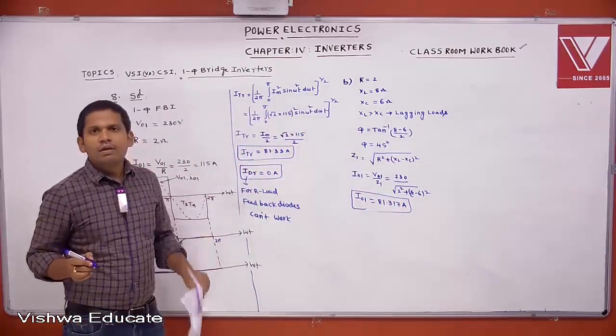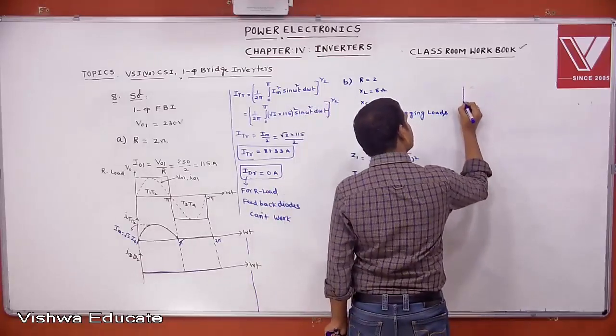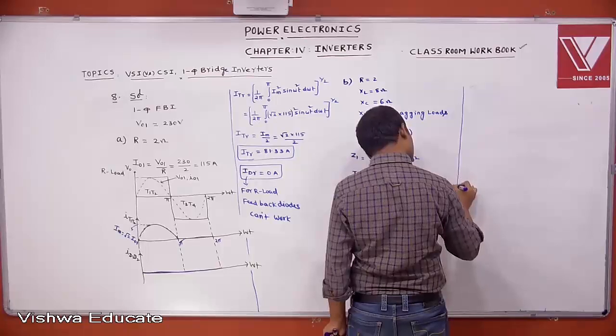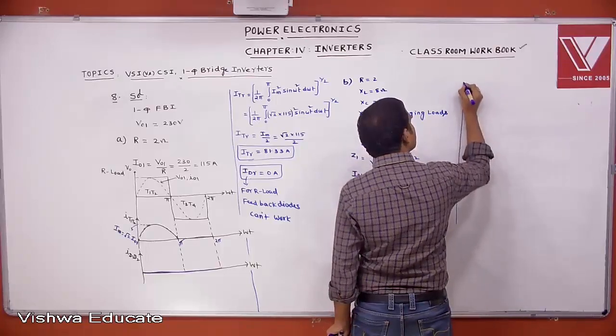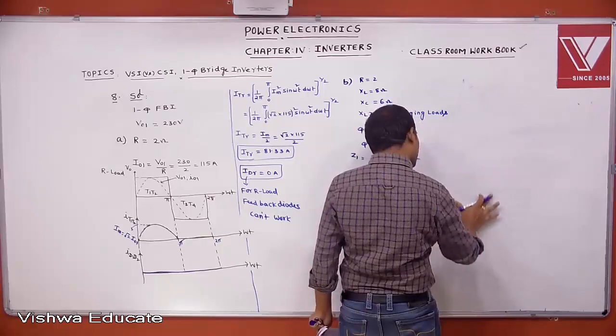Okay. Now, if you draw the waveforms in this case, now tell me. This is for RLC, XL greater than XC.